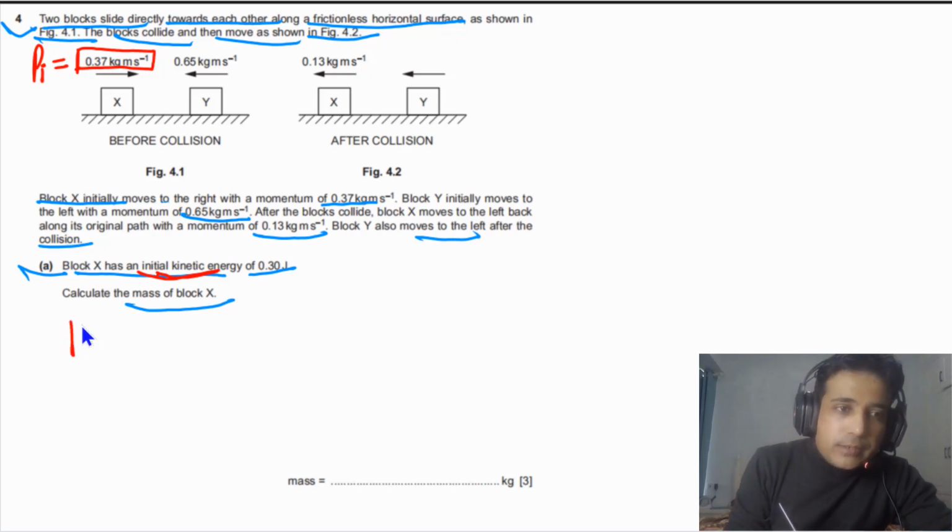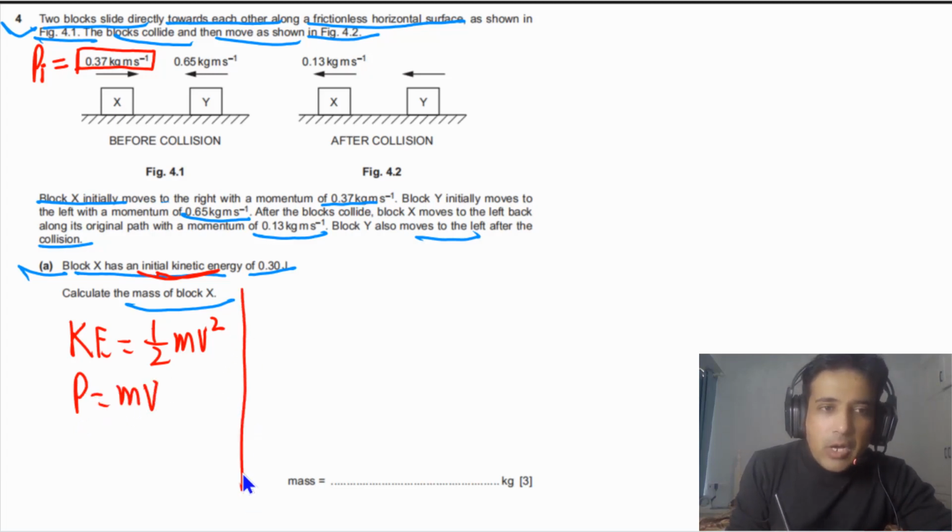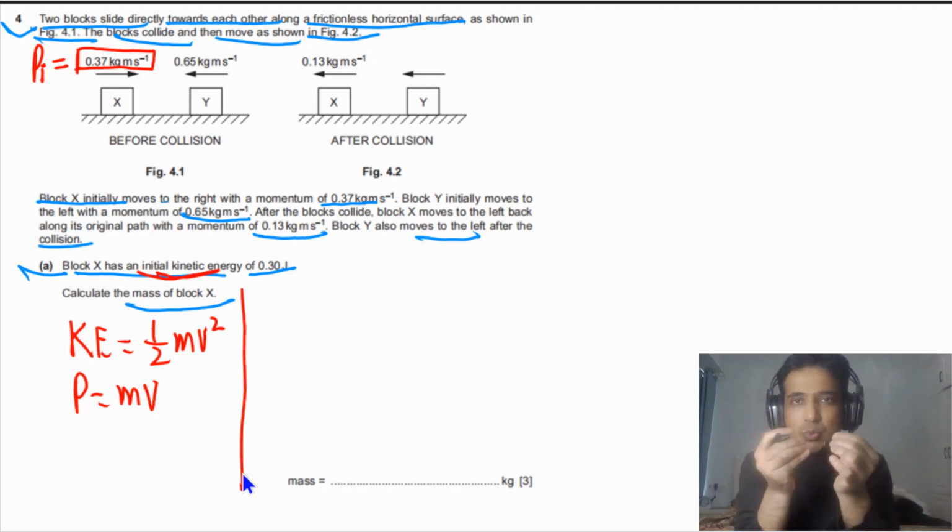So you need to understand the way to approach the problem. The formula for kinetic energy is 1/2 mv squared, and for momentum p is equal to mv. Now somehow we need to connect these two together so we can figure out the value of mass.